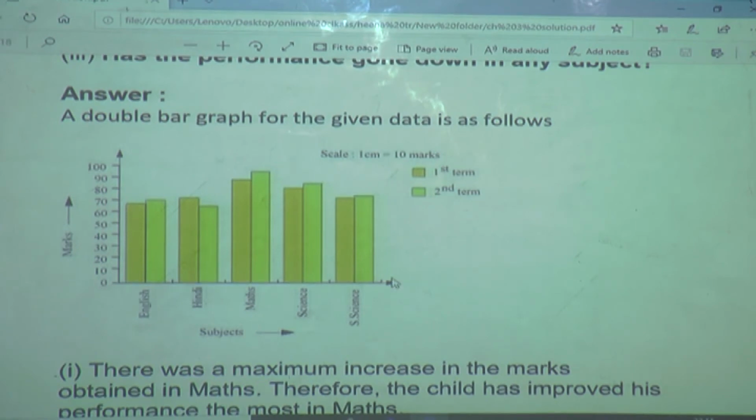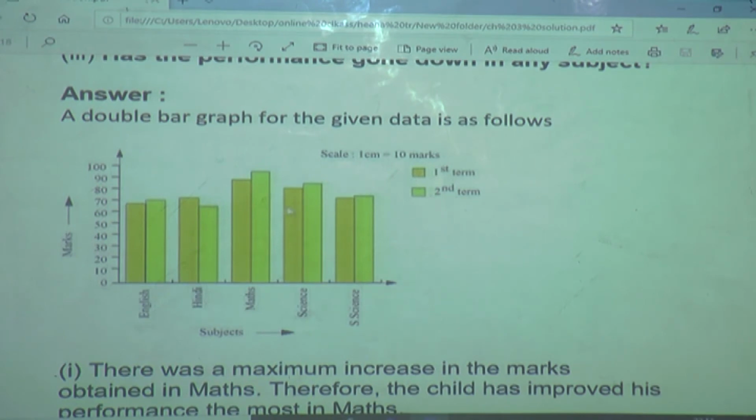Subjects are already given to us: English, Hindi, Math, Science and Social Science, and the marks of the student. We will start with 1 centimeter as 10, because we can find the difference very easily, as the difference between the marks of the first term and second term is very small.